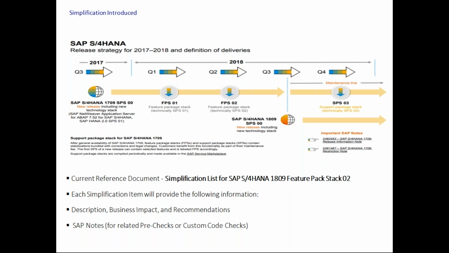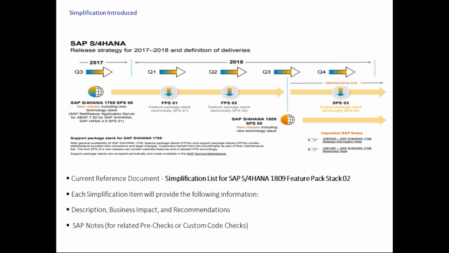All of that they provide under this simplification list. As per the current version, 2021 is going to be released, it is not yet released. In that also they will give you the new functionalities, relevant data, and if they are making some functionalities obsolete, they will provide that under the simplification list.